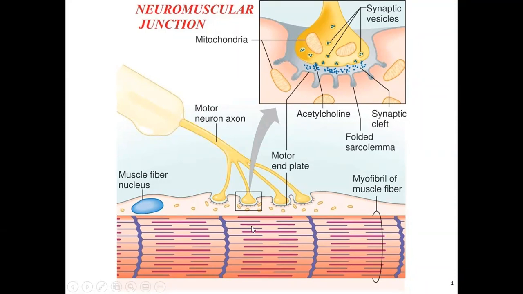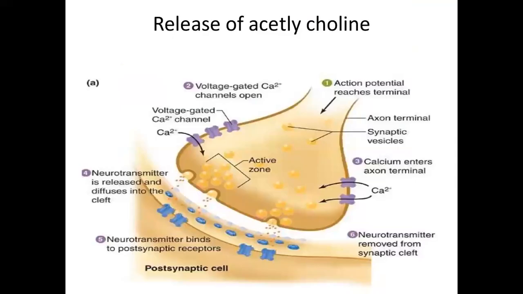We are just going to focus on this area. This is the synaptic vesicle, and the vesicle contains neurotransmitter. This neurotransmitter is released into the cleft. Then there are so many receptors in the postsynaptic membrane, they receive the neurotransmitter and it works, like this picture.